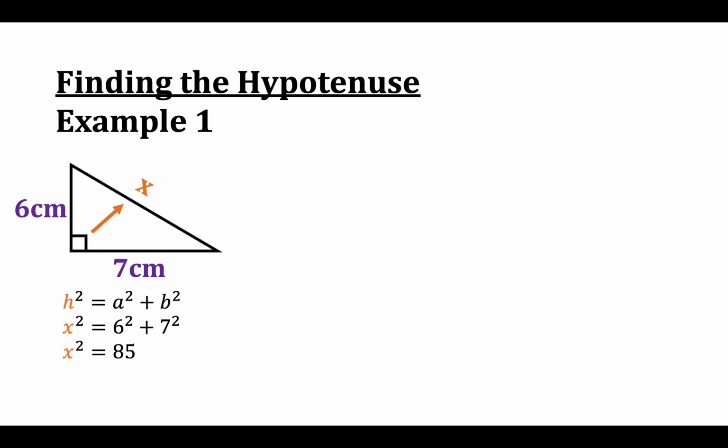So in order to undo this, the inverse of squaring something is square rooting it. So we need to square root both sides of the equation. So x is equal to the square root of 85, which is 9.22. We're working in centimetres, and we've rounded that to 2 decimal places.